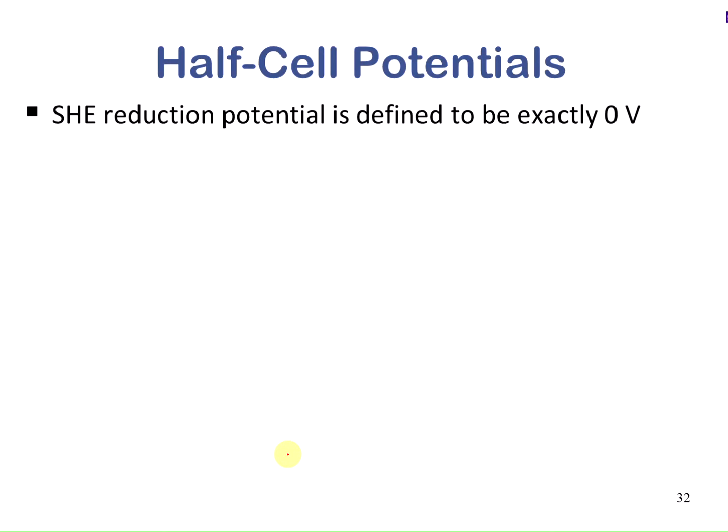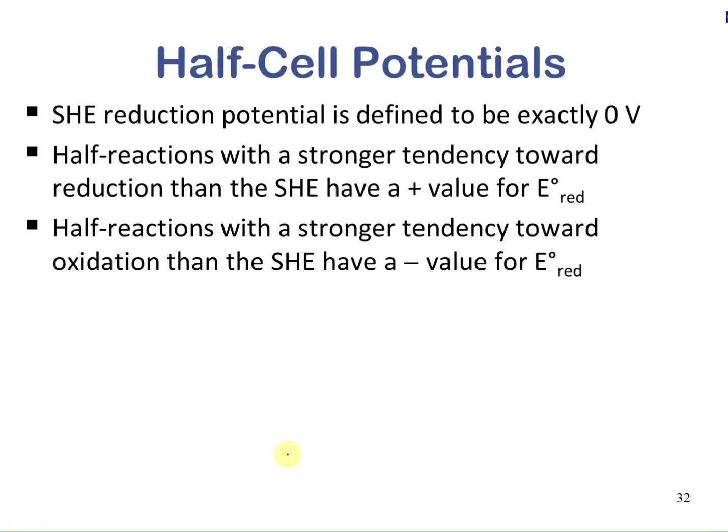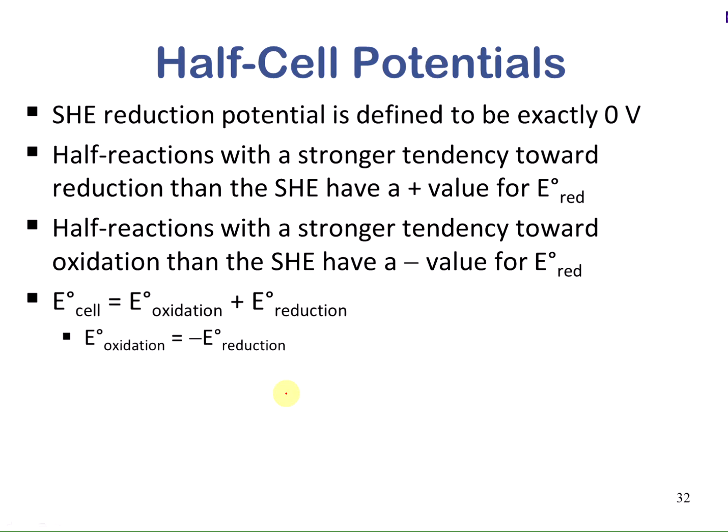Remember, the standard hydrogen electrode reduction potential is defined to be exactly 0 volts. And then half reactions with a stronger tendency towards reduction than the standard hydrogen electrode have a positive value for the reduction potential. And the half reactions with a stronger tendency toward oxidation than the standard hydrogen electrode have a negative value for the reduction potential. And the cell potential is a sum of the oxidation potential and the reduction potential.